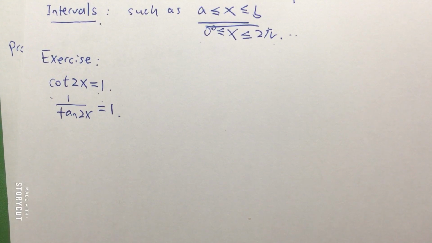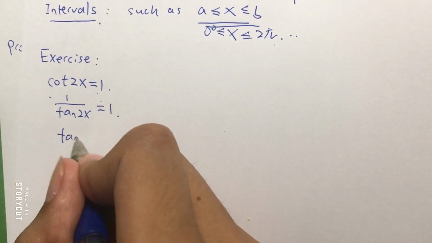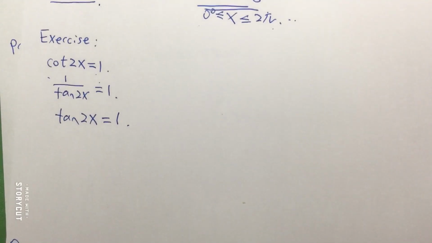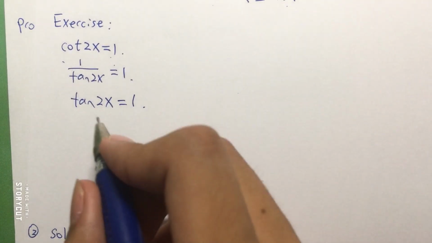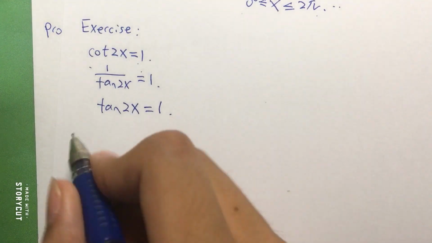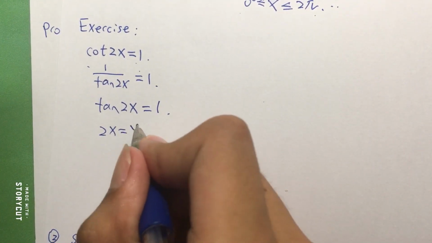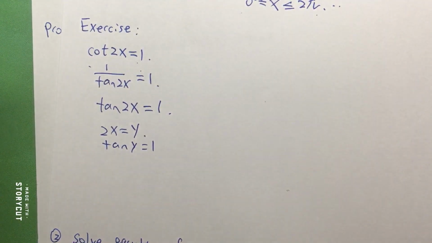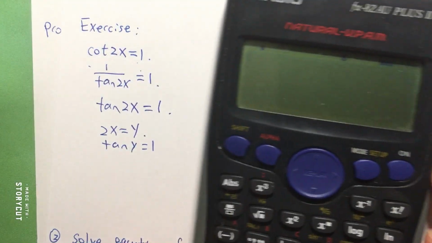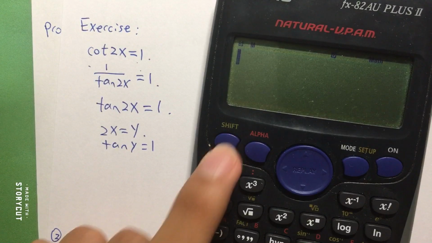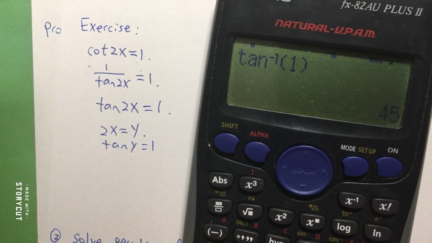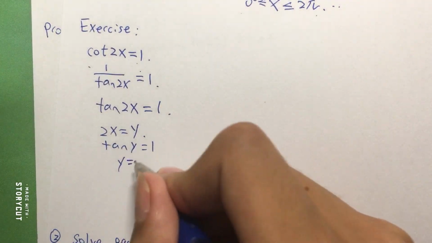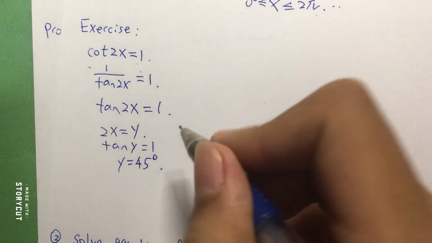Now we can assume 2x is equal to y, so tan y equals 1. Let's use our calculator: tan inverse of 1 equals 45 degrees, which is y equals 45 degrees.